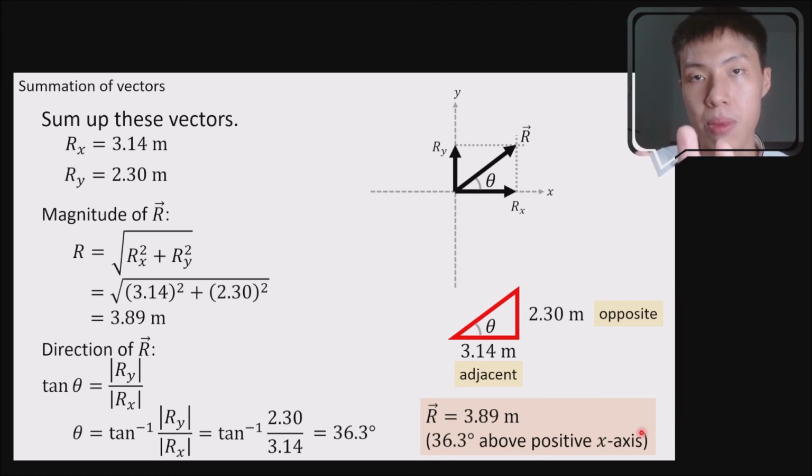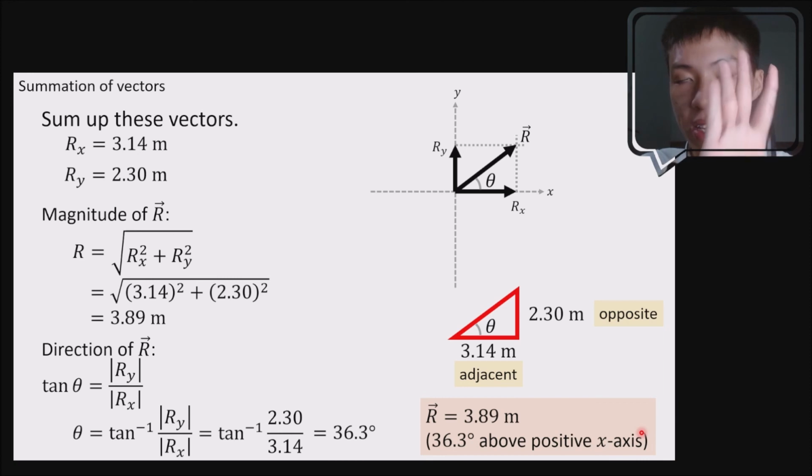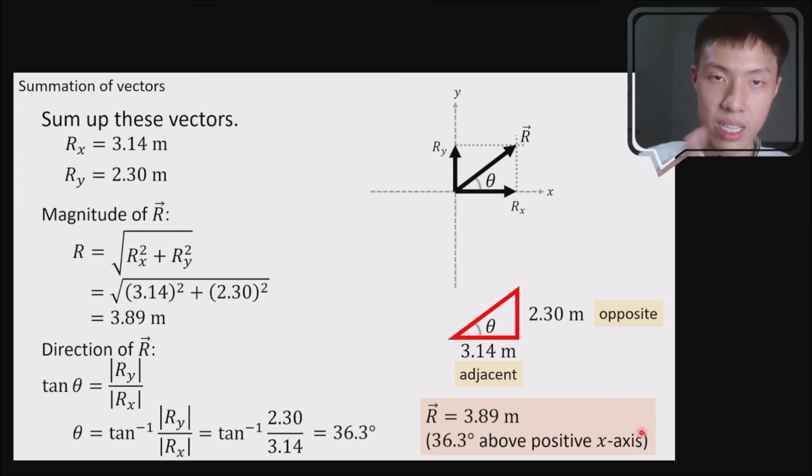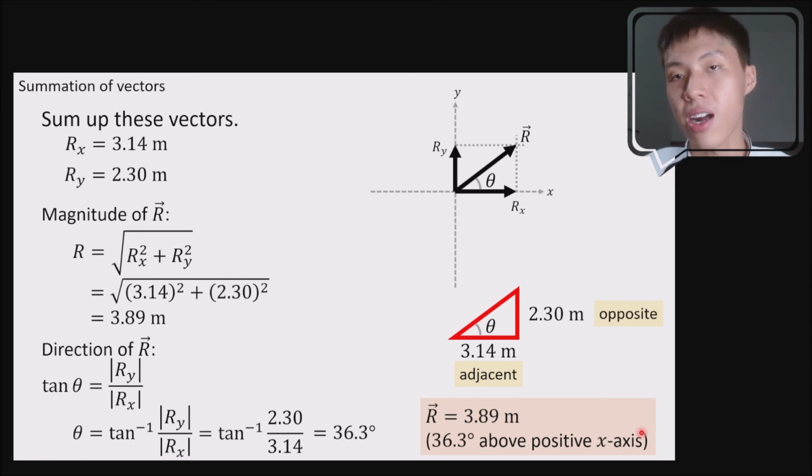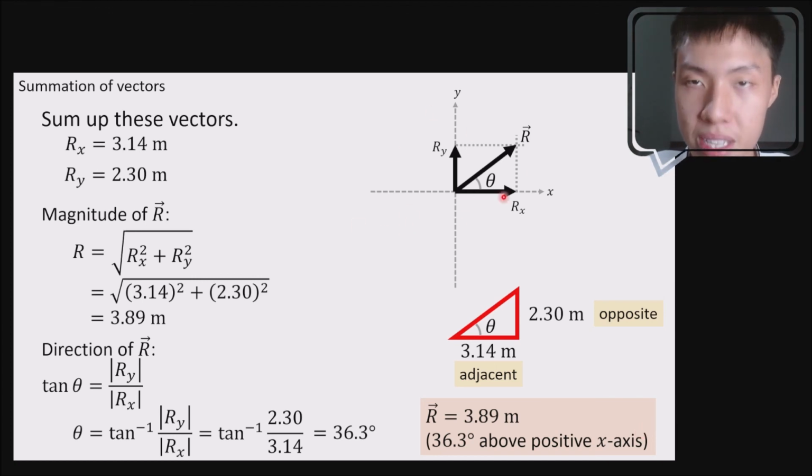That's the fifth step. Again, first step, place all the vectors with their tails at the origin. Second step, resolve the vectors in the diagram, then fill in the components in the table. Third step, sum up the x components to find Rx, sum up the y components to find Ry, then visualize Rx and Ry on the diagram like this.